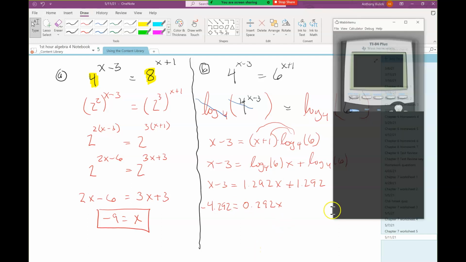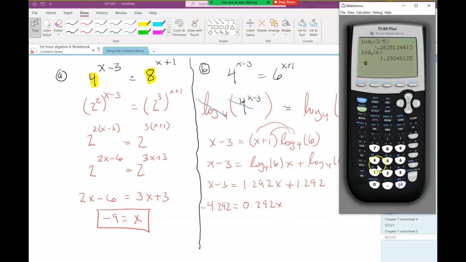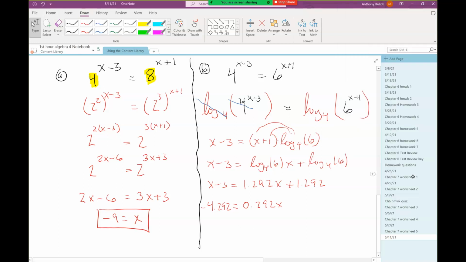And then if I divide both sides by 0.292, I get negative 14.699. Is that okay with everybody?